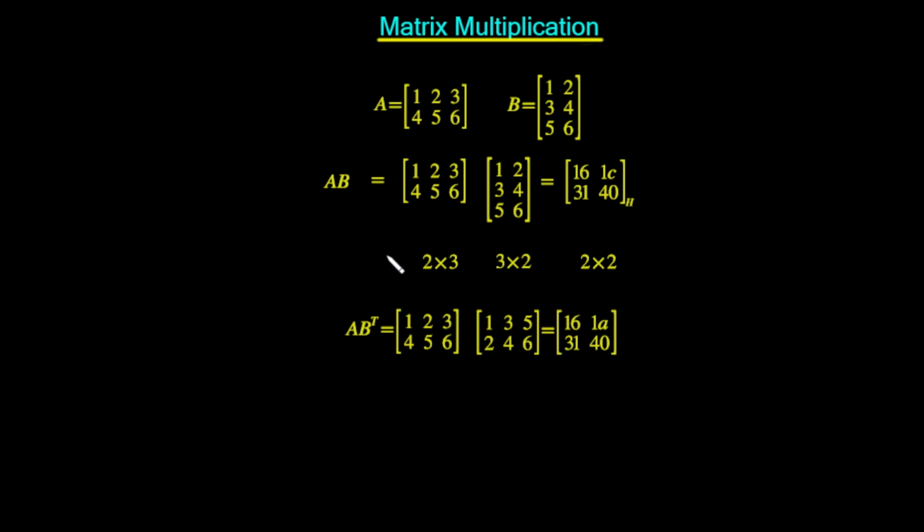Now, a nice little neat trick to remember here is that whenever you're multiplying these matrices together, you can only multiply certain matrices for it to make sense. So in this instance here, we've got a 2 by 3 matrix that's got 2 rows and 3 columns.